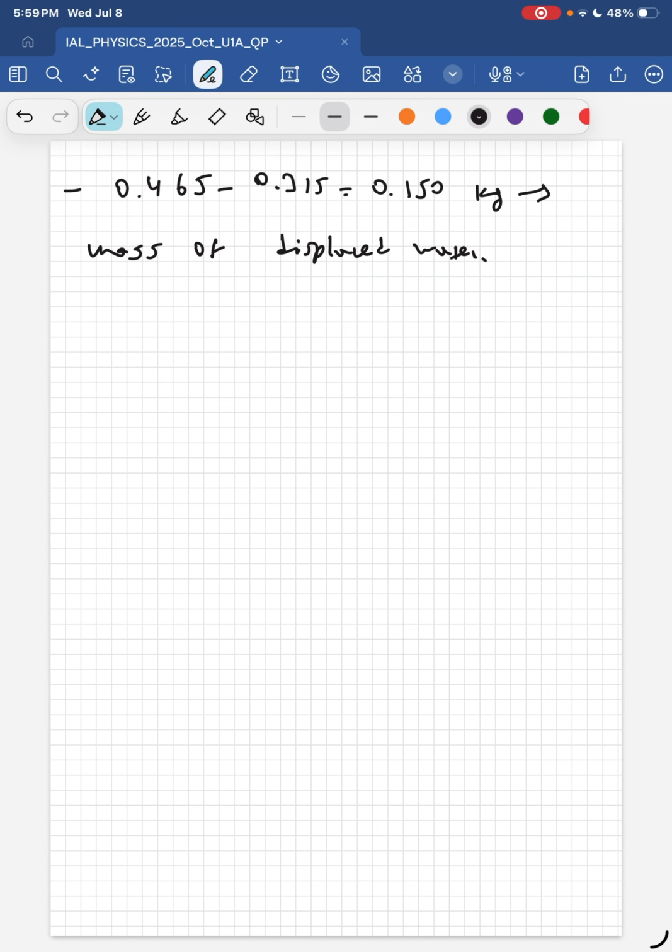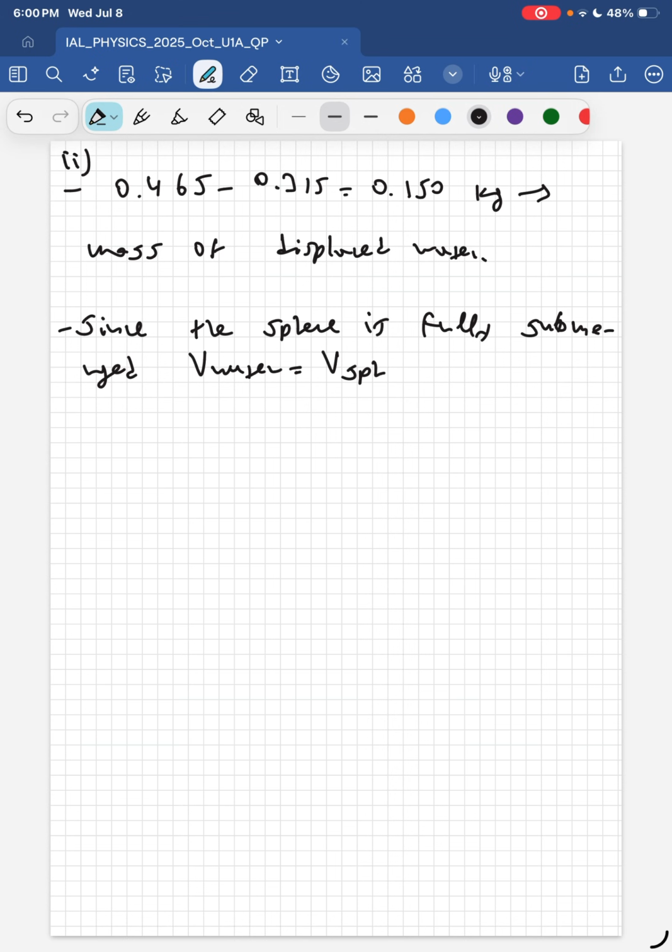By the way, this is question 2. Since the sphere is fully submerged, the volume of the water displaced should be equal to the volume of the sphere, right? Now the volume is equal to the mass of water over the density of water.